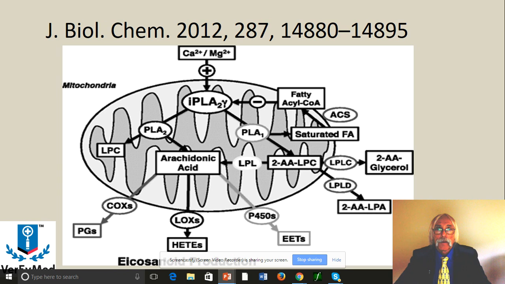All right. Now, calcium and magnesium and all kinds of other responses, such as simple stress or trauma, can induce phospholipase A2. Now, this is a particular form, gamma, right? And i means inducible, okay? Like a little i always means inducible. Now, depending on how this enzyme gets mobilized, it's either going to be a PLA2 or a PLA1.